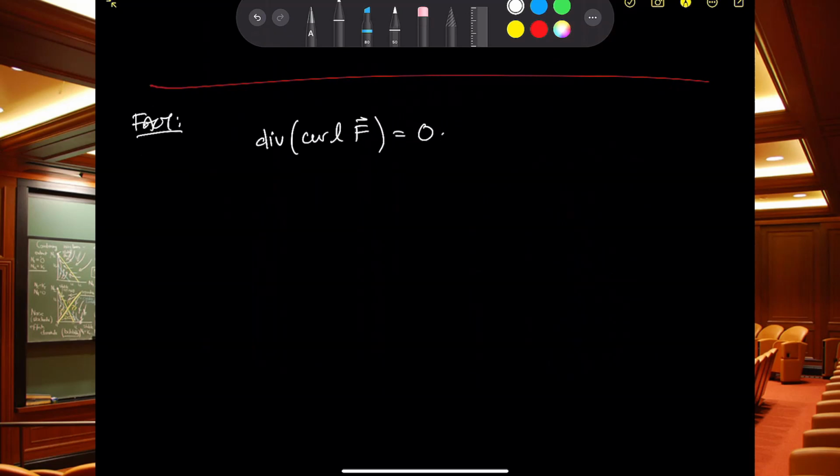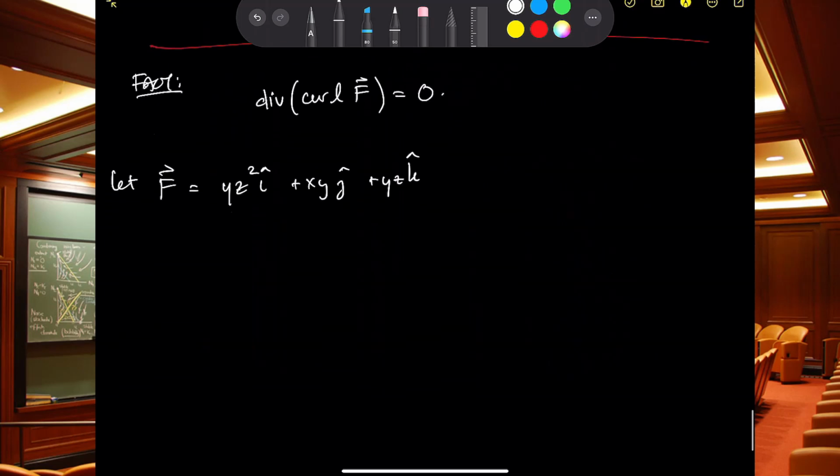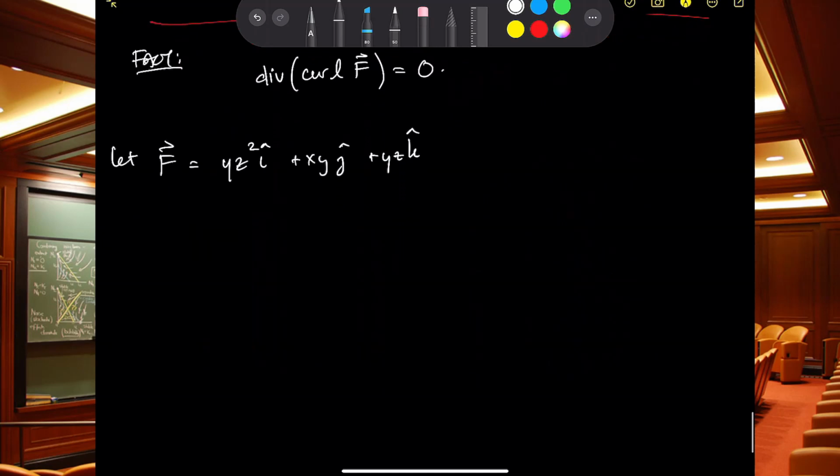If we look at big F, that's yz squared i plus xy j plus yz k. You might say, well, you just handpicked this one. No, it definitely works for all vector fields as long as they have continuous second order partials.